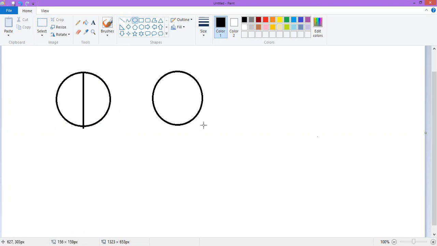Look, I'm going to draw two circles here. This is circle one. I'm going to divide one circle into two equal parts, I mean half. This is half. Another circle I'm going to draw, and I'm going to divide this into four equal parts.